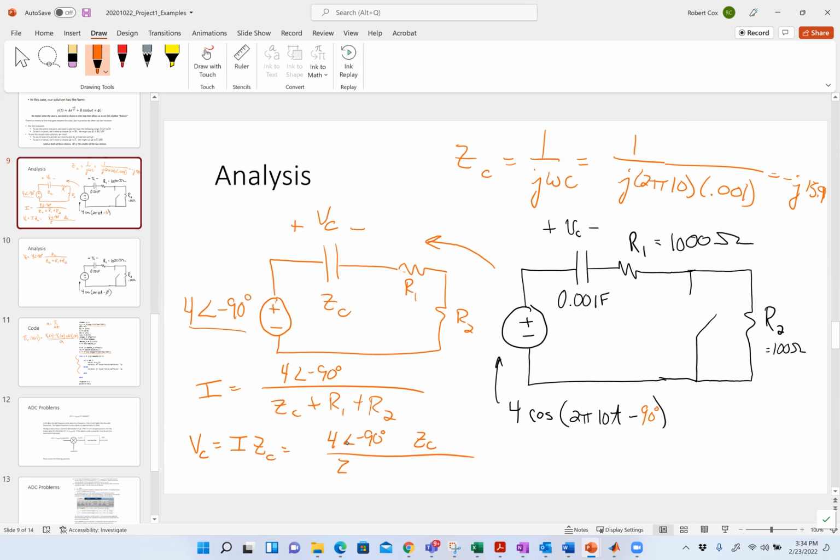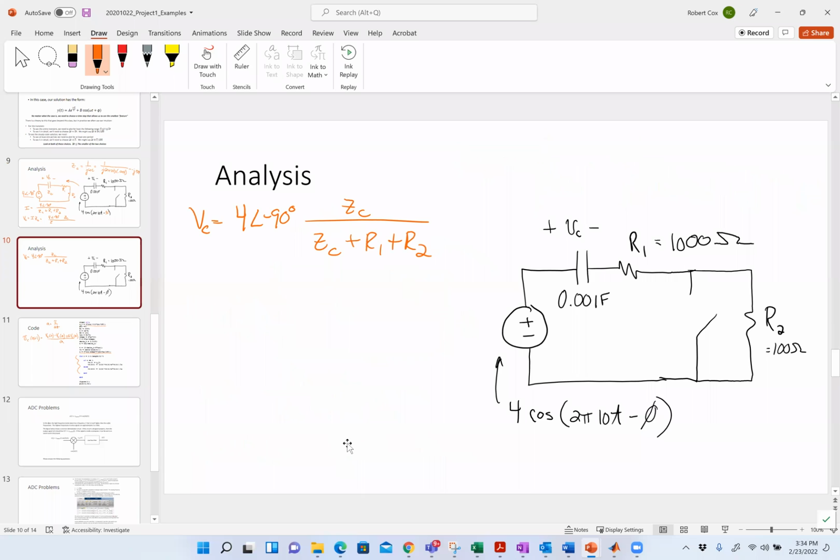What I did was I solved for the current, then multiplied by the impedance to get the voltage. That should be something that you're familiar with.